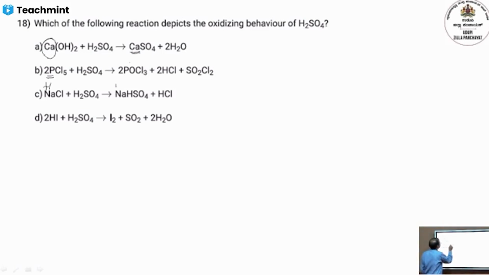Whereas in this case, hydrogen iodide has -1 iodine, and here it is 0. So -1 to 0, the oxidation number increased, and therefore it illustrates the oxidizing behavior of sulfuric acid. Therefore, that is the right answer.